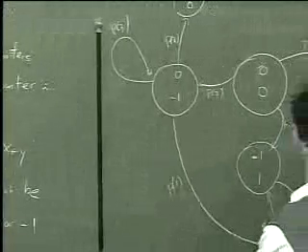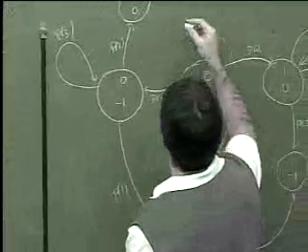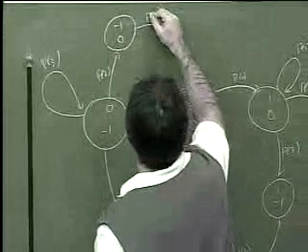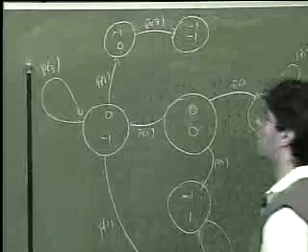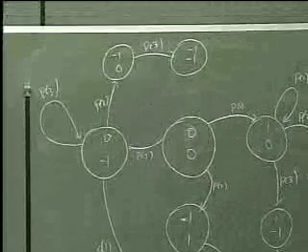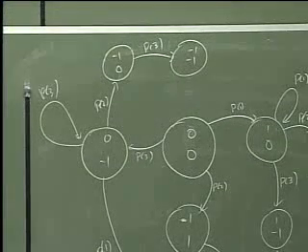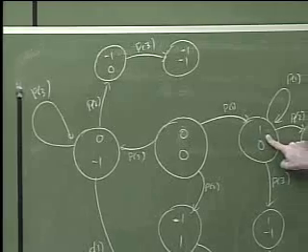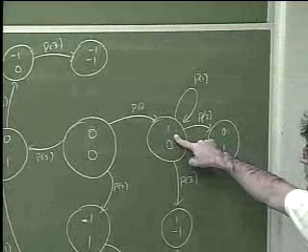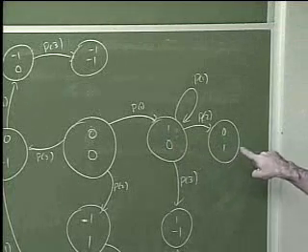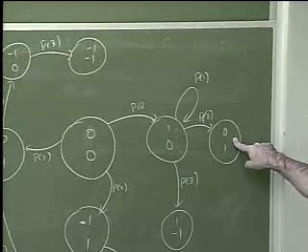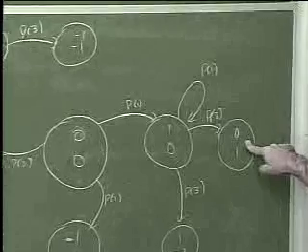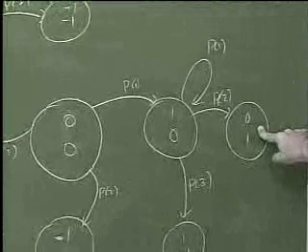That'll take me to -1, -1. And if I'm here and I process a packet from flow 1, I go to 1, 1.